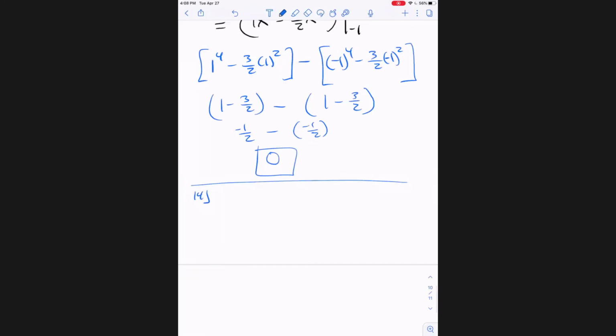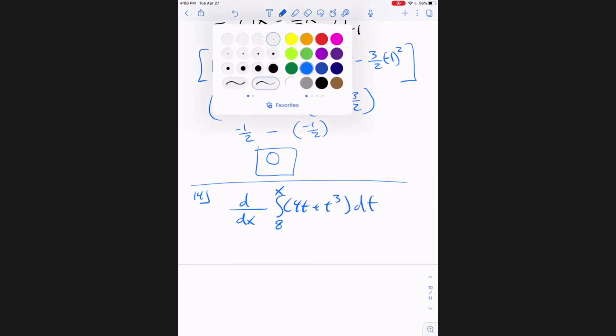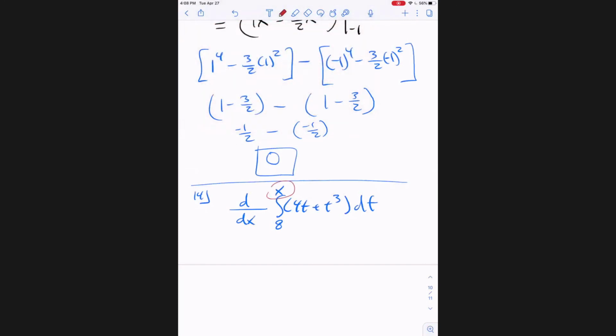Now, number 14 is actually use the fundamental theorem of calculus to evaluate the derivative of an integral from some constant to x of 4t plus t cubed dt. Well, if you remember the second fundamental theorem of calculus, you just take x and you plug it in. Oops, I couldn't even plug it in properly.